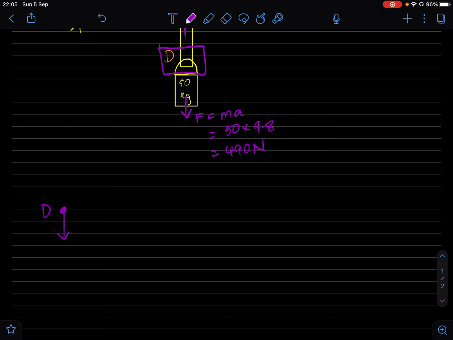We've got 490 newtons as our applied load, plus we're going to have this member AD. Without doing any sum of the forces, we just know by looking at it, if we've got 490 newtons going down, we're going to have 490 newtons going up. And because it's acting away from the joint D, we know that's going to be in tension.